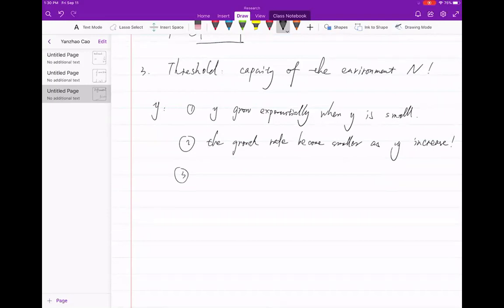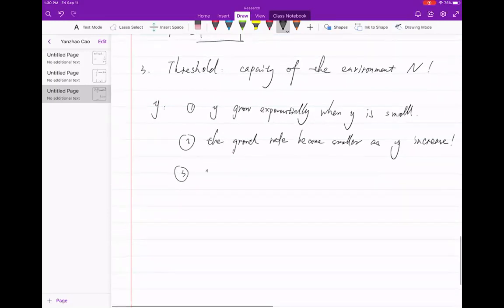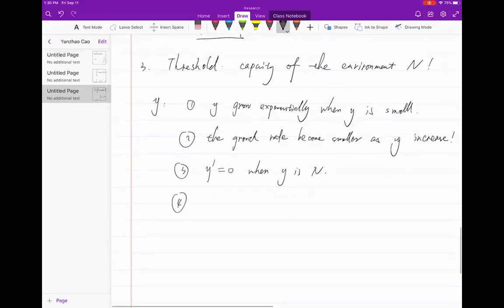Number 3, y prime should equal 0 when y is exactly N. That means when you hit the capacity, you should stay there. No more. And if y is bigger than N, y prime should be less than 0.